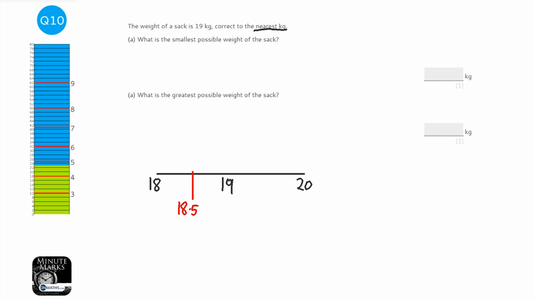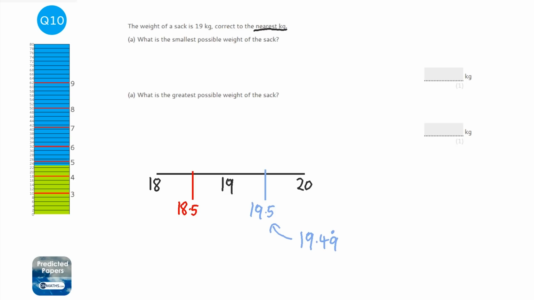And I do the same on the other side. So I draw a line between here and here, and this time I think, right, what's the cutoff point for this one? Well, that's 19.5. Now, this second one's a little bit more complicated, because you might think, oh, actually 19.5 would round to 20. So it's 19.49 recurring. Yes, you would actually be true.